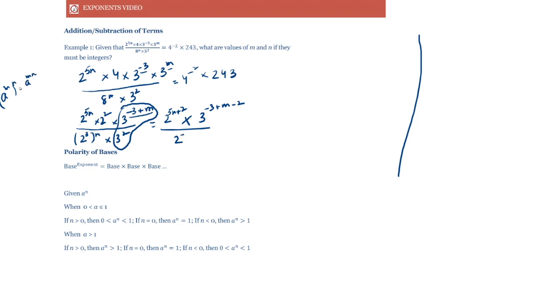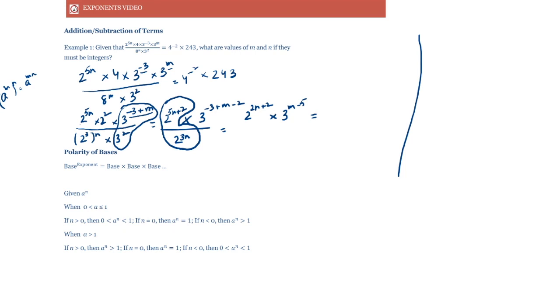So this becomes 2 to the power 3n. Now here the bases are the same, they are 2. So now we can subtract the exponents once again. So we get 2 to the power 5n plus 2 minus 3n, which is 2 to the power 2n plus 2 into 3 to the power m minus 5.